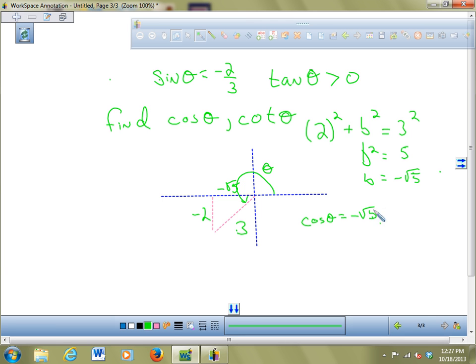But what's the cotangent of theta? This is adjacent over opposite, right? And those are both negative, so that becomes positive root of 5 over positive 2. All that?